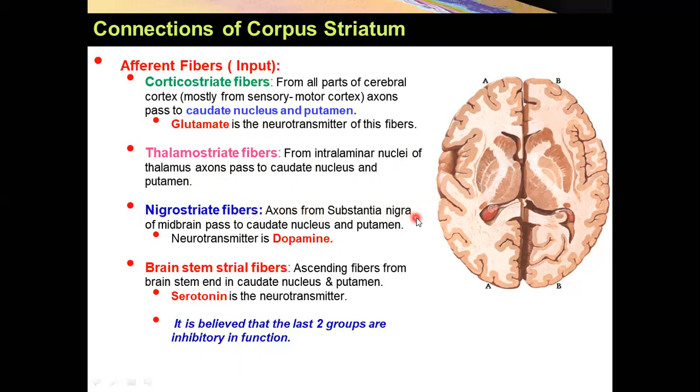Axons from substantia nigra of midbrain pass the caudate nucleus here, and then putamen. And nigrostriate fibers use dopamine as neurotransmitter. Now, there are also afferent fibers coming from the brain stem. They ascend from brain stem, and they terminate in caudate nucleus and the putamen, and they use serotonin as neurotransmitter.